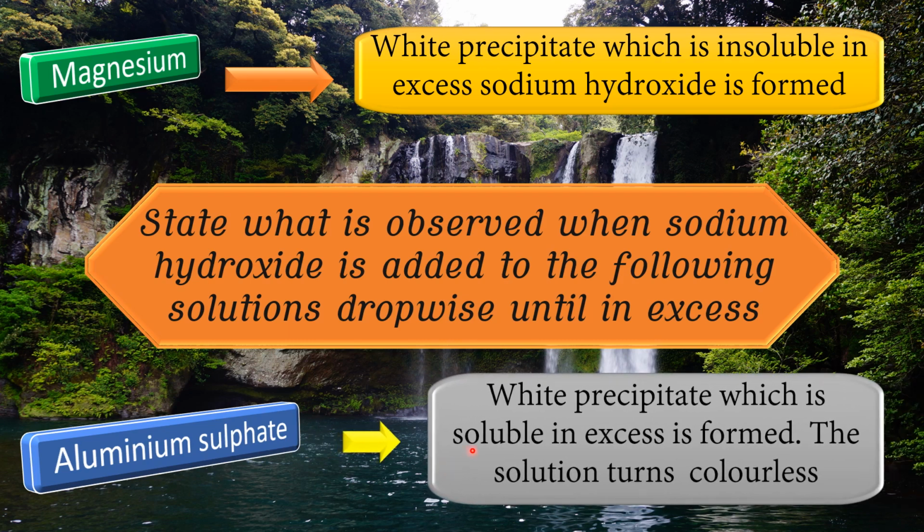With aluminium sulfate, we form a white precipitate, and this white precipitate is soluble in excess, meaning that when we get aluminium sulfate and add sodium hydroxide dropwise, it forms a white precipitate.